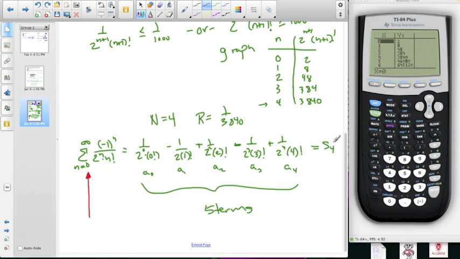So we have a partial sum of S4, and that partial sum is comprised of 5 terms. So that's something that you have to kind of be careful of. So we have to sum up the first 5 terms in the sequence in order to get a partial sum that is within 1/1000th of 1 over the square root of e.